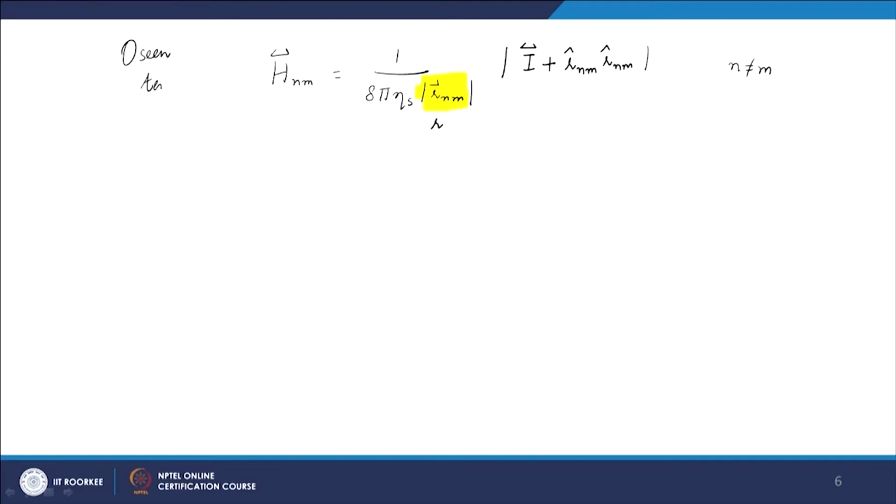This is what we had discussed earlier, and then for the n equal to m case I use the expression I by zeta.